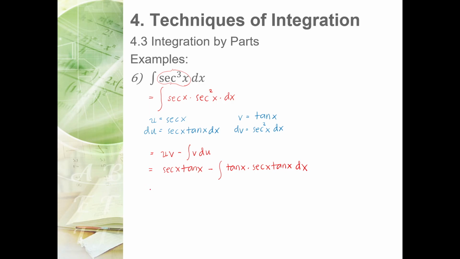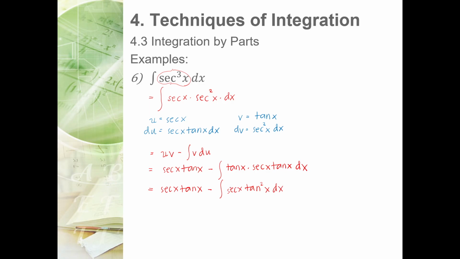So you're going to have secant x tangent x, then minus the integral of secant x tangent squared x dx.